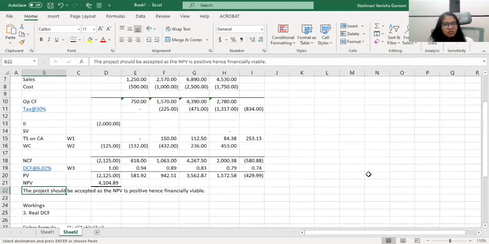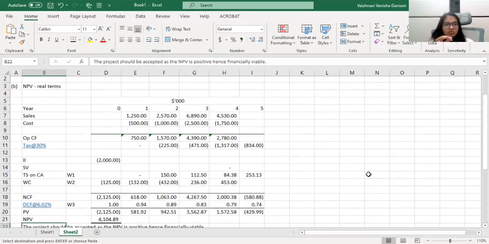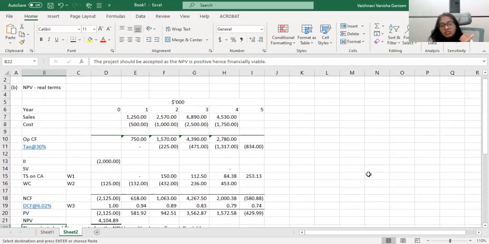Please remember to check all your discount factors and your tax rate, make sure you're using the right rate, because sometimes when you keep doing many questions, you may accidentally use the wrong rate, and that will lead to you getting a wrong answer. So it's very important for you to use all the appropriate and correct rates for your answer.